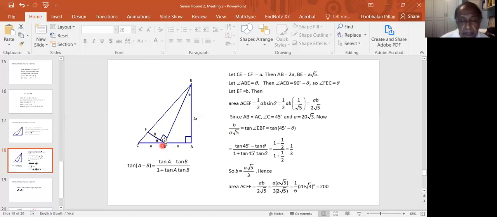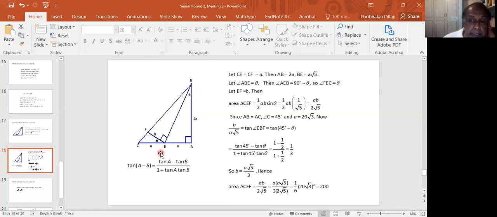So the area of this triangle is half that times the sine of theta. Now, we know what sine of theta is because theta is sitting up here. So sine of theta is opposite, which is a, over hypotenuse, which is a root 5.